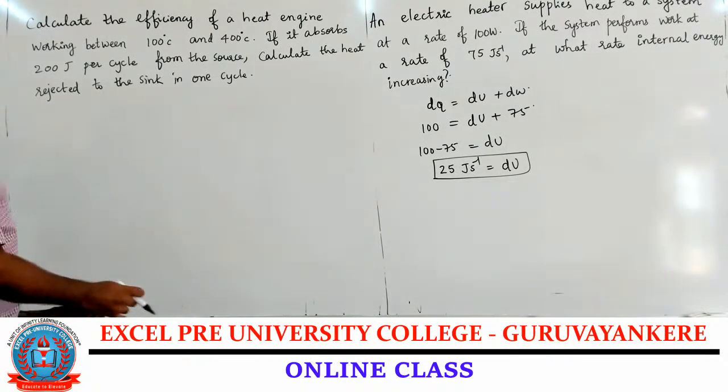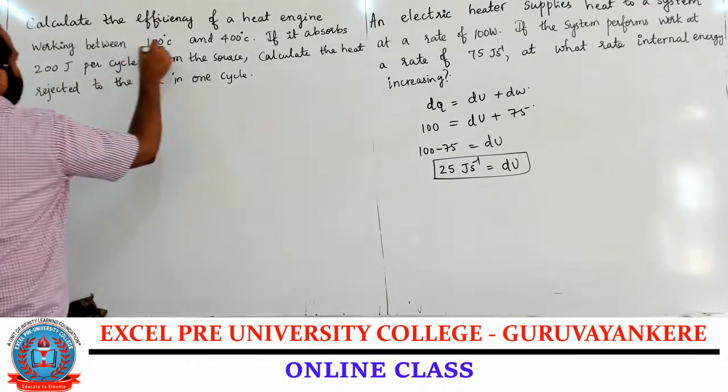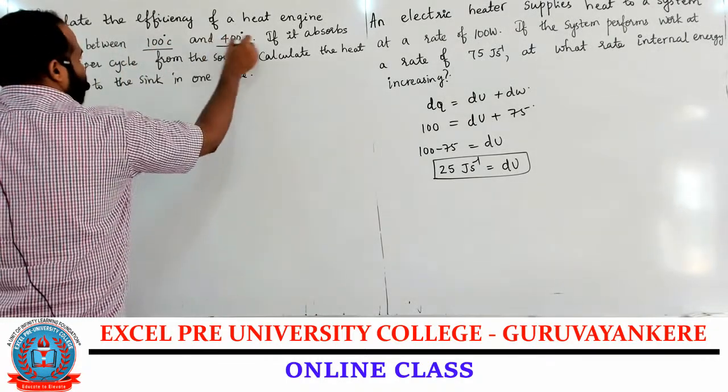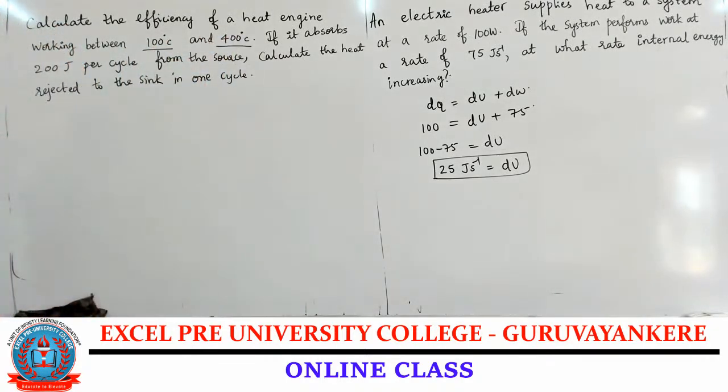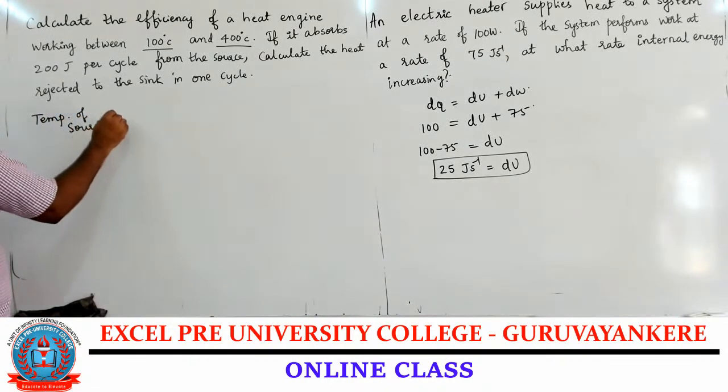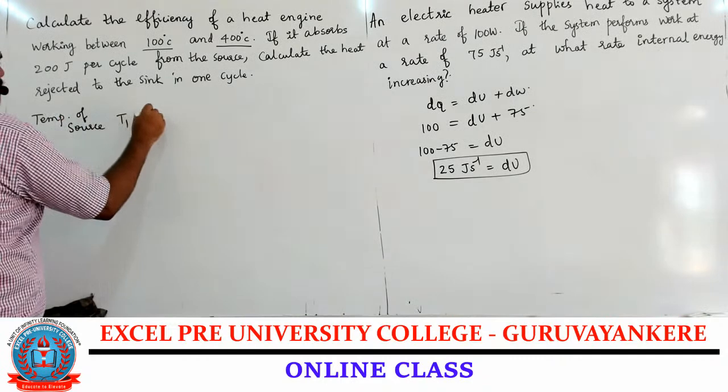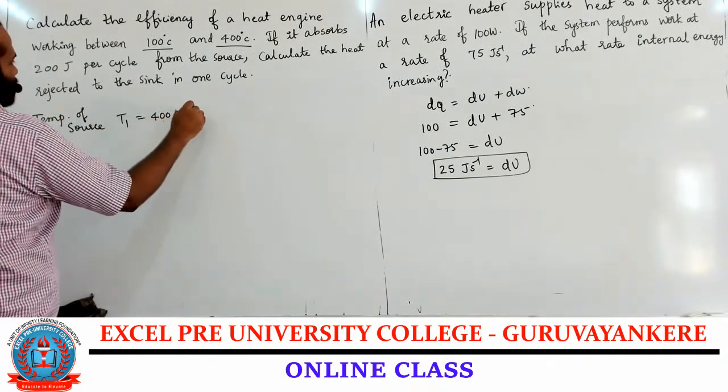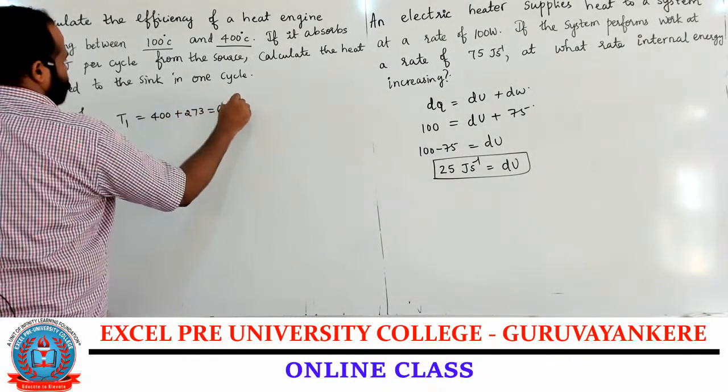See, the engine is working between 100 degrees Celsius and 400 degrees Celsius. So the higher temperature should be the temperature of the source, which is T1, 400 plus 273, which is 673 Kelvin.